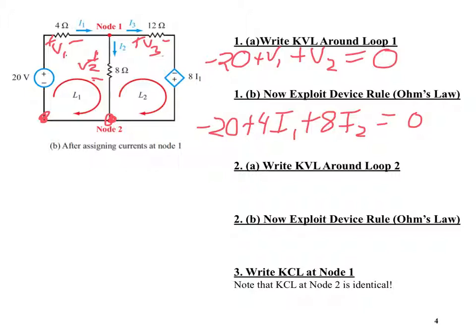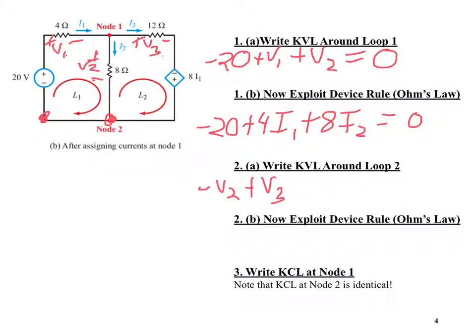Notice that we're entering on the negative side, so we will get a negative V2 as our first term. We go up through the 12 ohm resistor. Notice that we are entering into the positive side of that, so we will have plus V3.